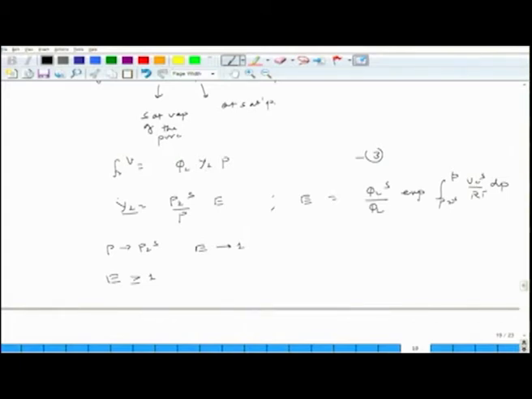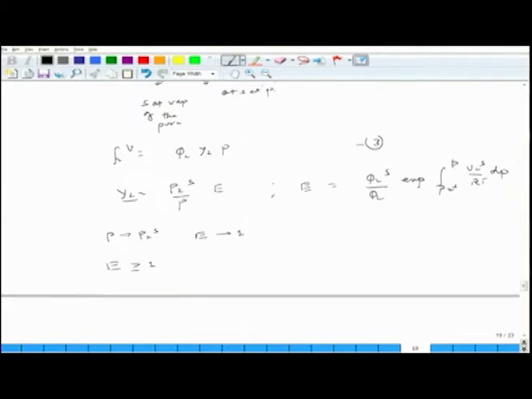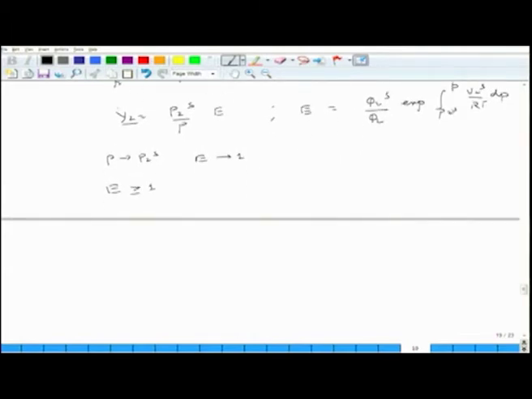So, which one is the most important parameter? What does phi 2s represent? Non-ideality of the pure saturated vapor, okay.